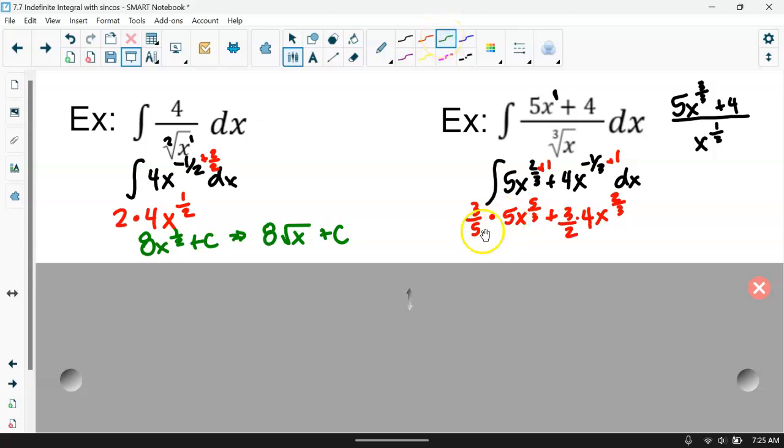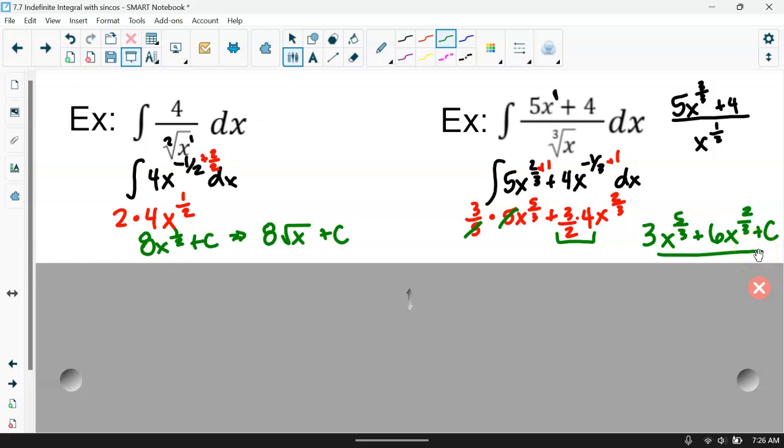Well, this is 5 divided by 5, or you could just multiply 3/5 times 5, and you should get 3. So this is 3x to the 5/3 power. Then here, 3/2 times 4, you should get 6. So plus 6x to the 2/3 power plus c.